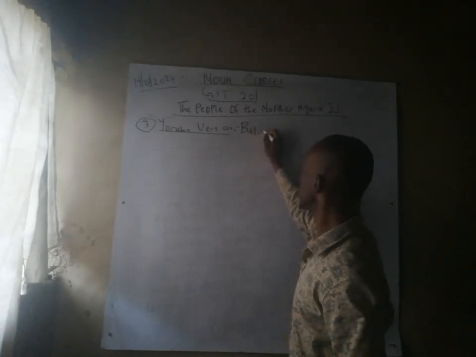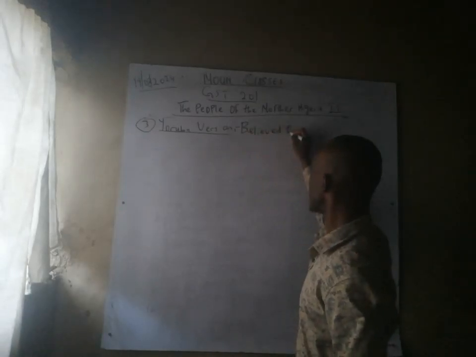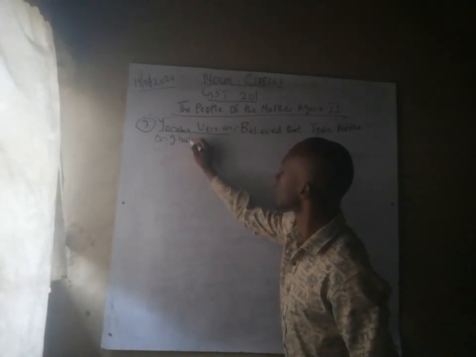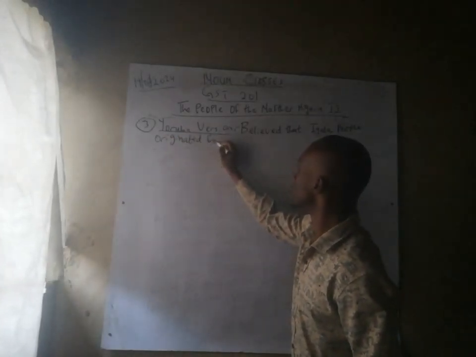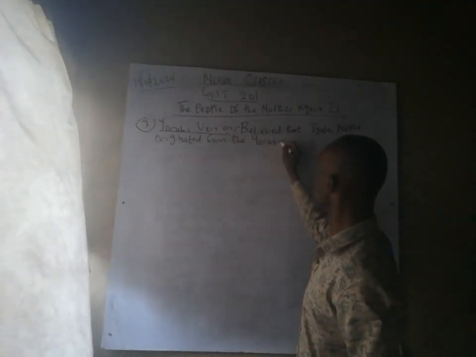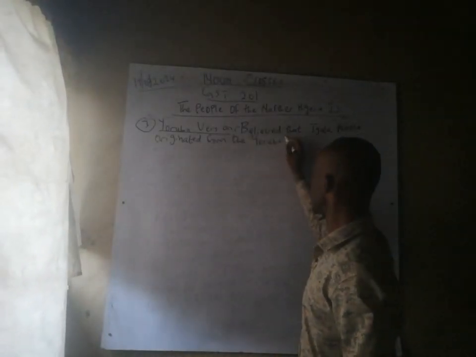It is believed that the Igala people originated from the Yorubas, right?